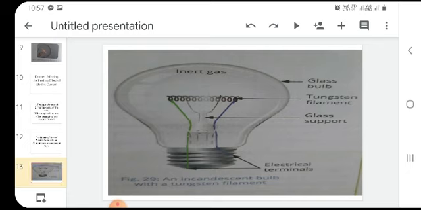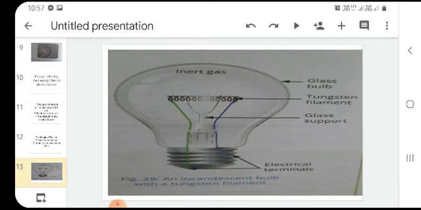So the characteristics of the bulb: the first point is, due to the heating effect of the electric current, the current passing through the filament produces a large amount of heat. The heat that is produced is so large that it makes the filament glow and emit light.